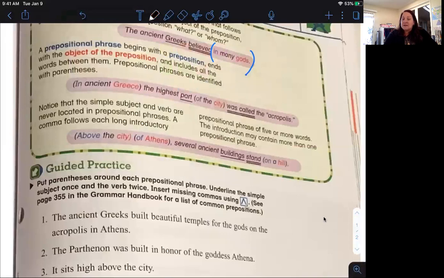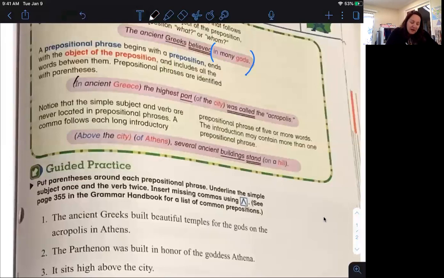Our verb is was called, and our subject is part. So we're not going to find prepositional phrases within part and was called. But let's look here. We have in ancient Greece and we have of the city. So our prepositional phrases are in ancient Greece and of the city. Our prepositions are in and of, and our objects of the prepositions are Greece and city.